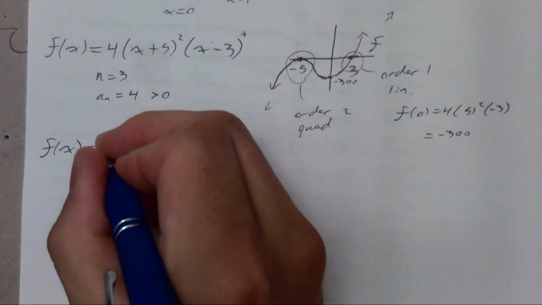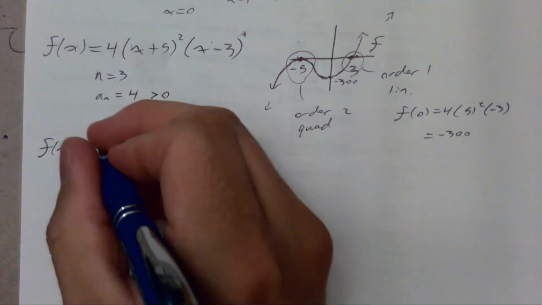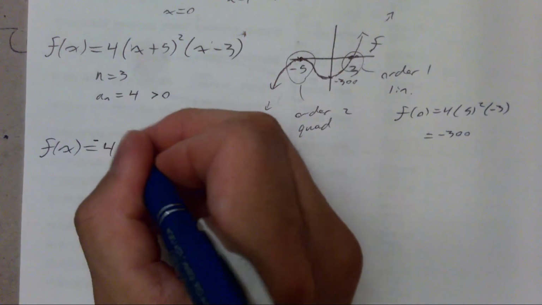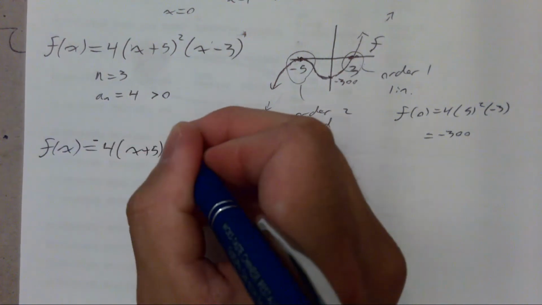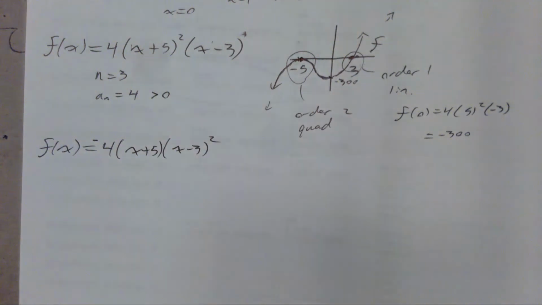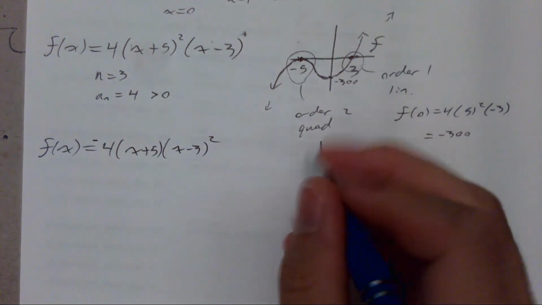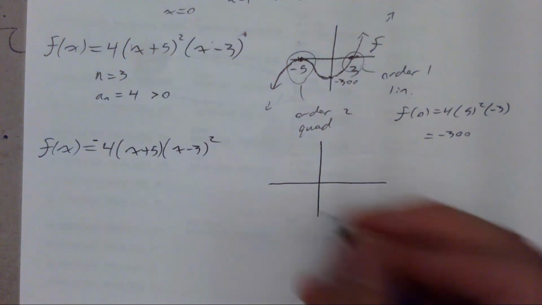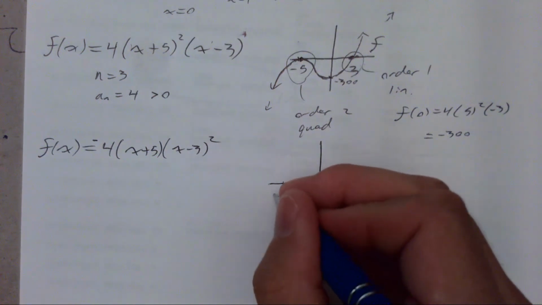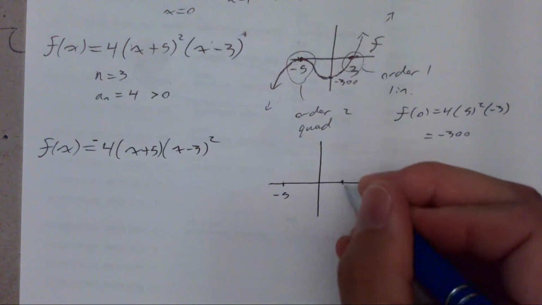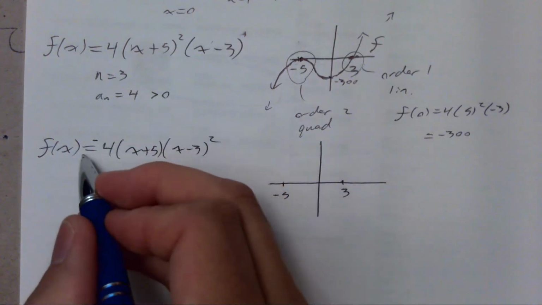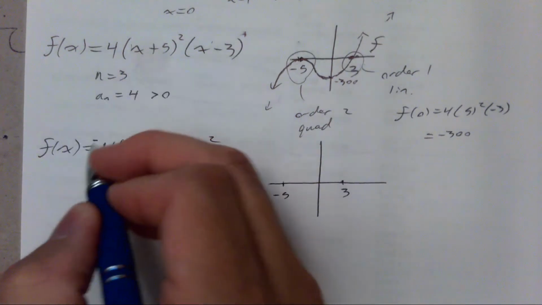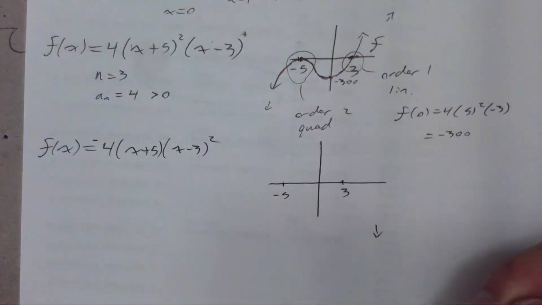If we had, let's switch it to -4 times x plus 5 times x minus 3 squared. This curve shares a lot of properties with the curve above. They're both polynomial. They're both degree 3. They both have x-intercepts of -5 and +3. They're different in that one has a positive leading coefficient, the other has a negative, so their end behaviors are going to be opposites.